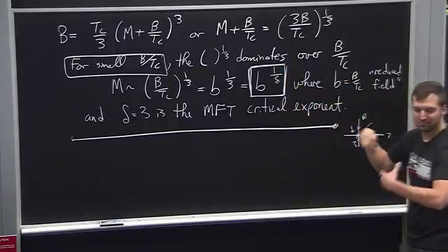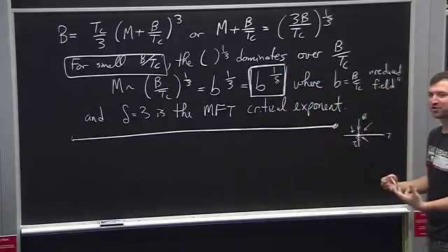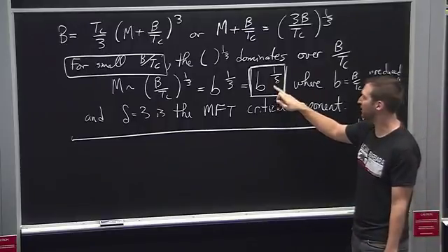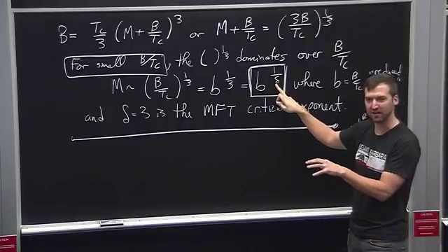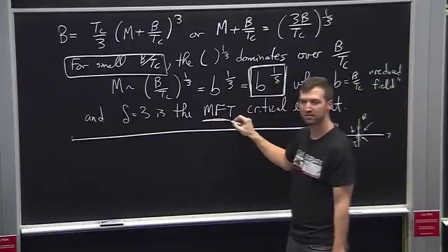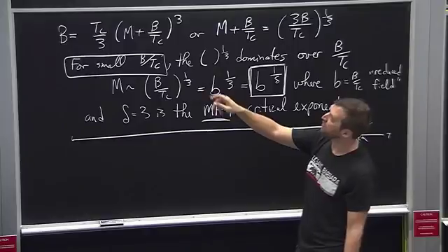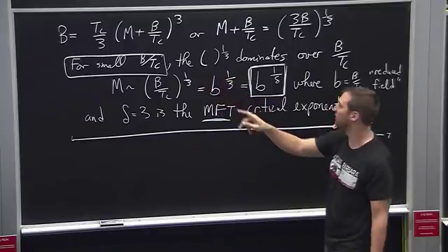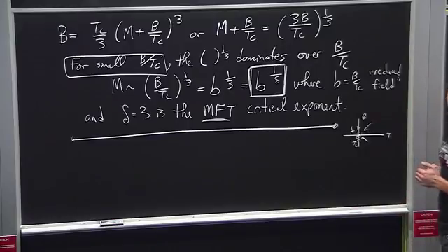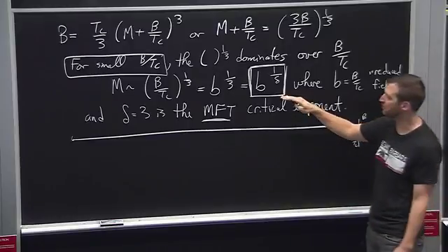And if you look at a full solution to this, you'll get that divergence to leading order, but the delta will be different than what we've calculated here, because this is just the mean field critical exponent. So when you include those fluctuating terms, they'll actually affect the value of that delta. But this is the expectation for the universal number.